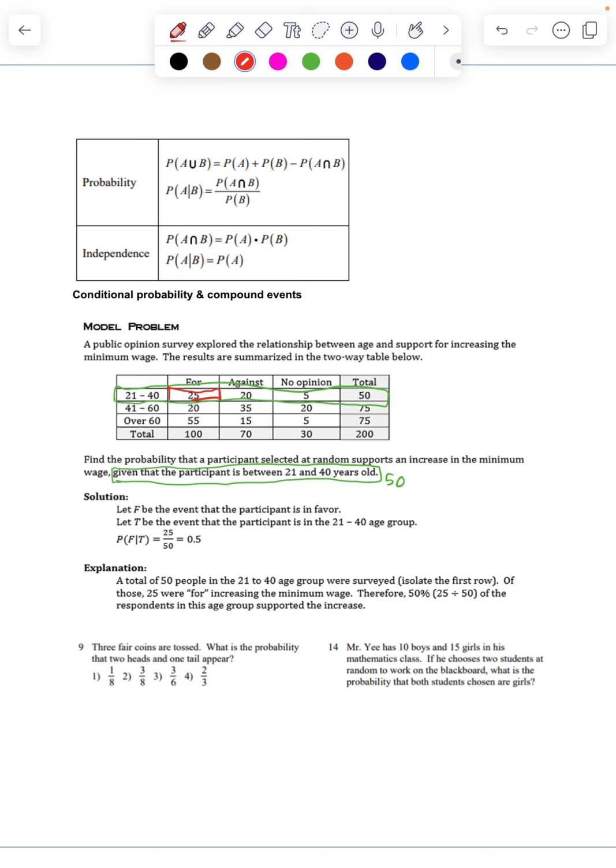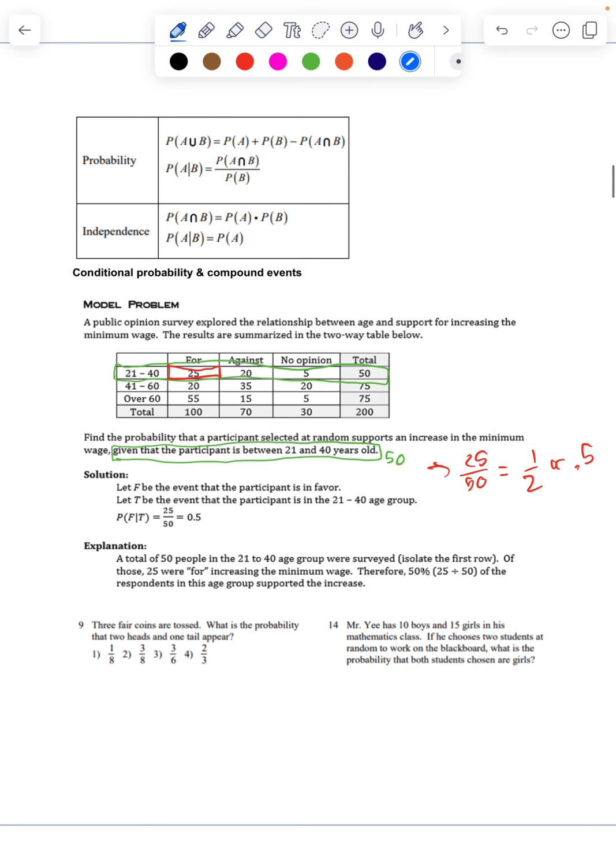That's 25 of them. So this would be 25 over 50, which is 1/2, or 0.5. Again, we're looking for the given, and we're counting out of that given. That becomes our new total number of outcomes. We're not looking at the whole event anymore.